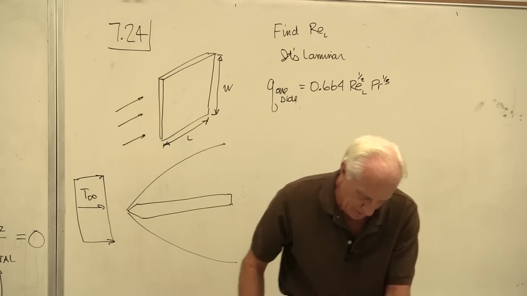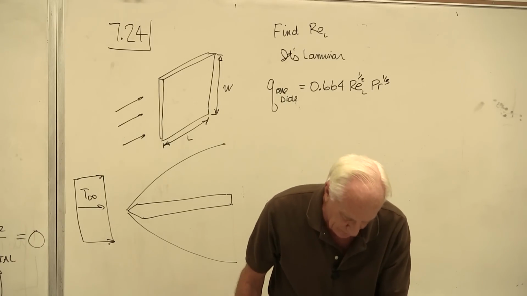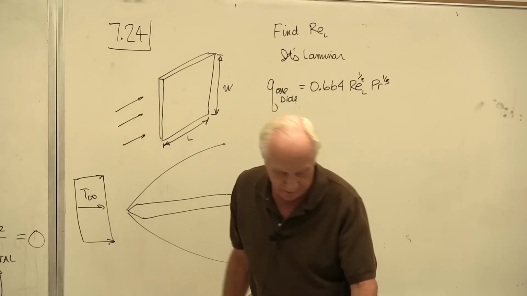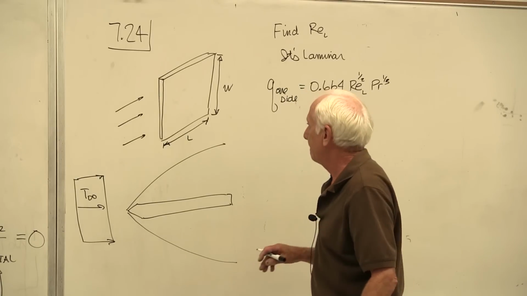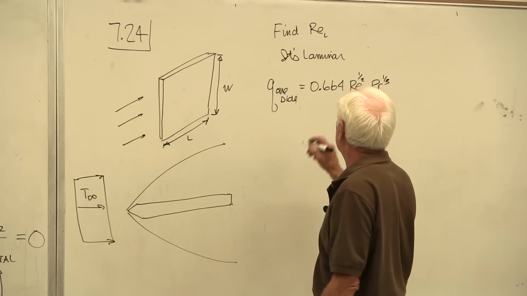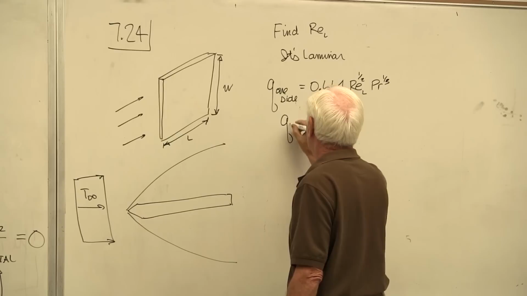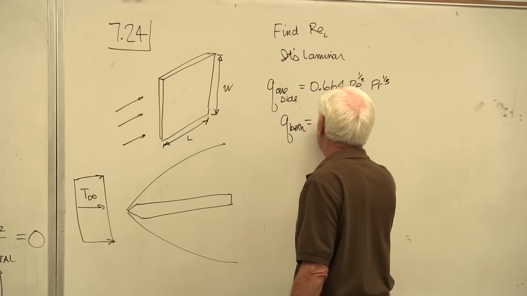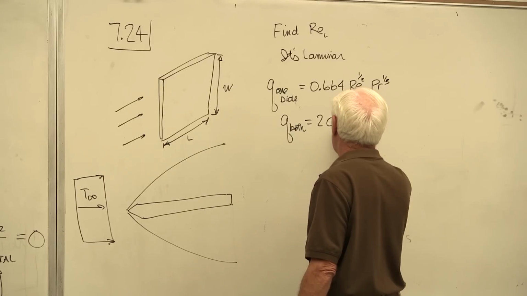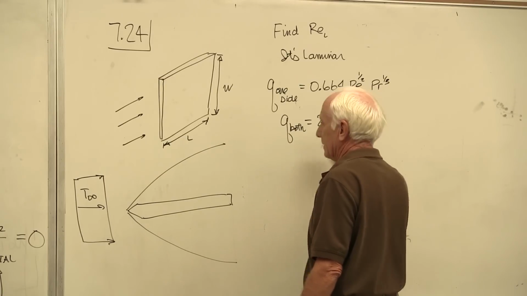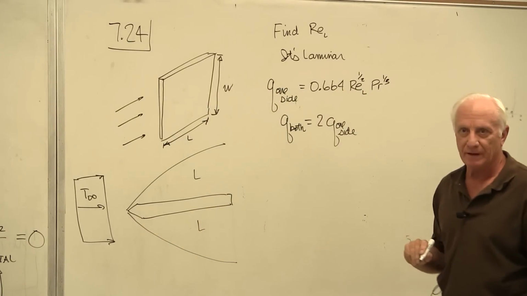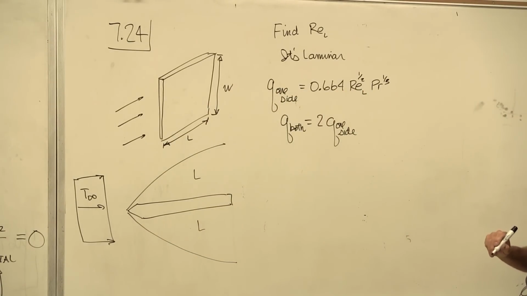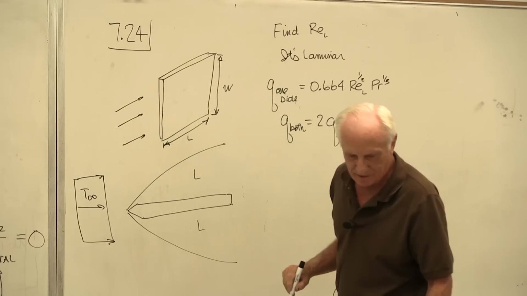What's the rate of heat transfer from the plate? If the initial plate temperature is 300, it's really hot. The air blowing over it is really cool, 20 degrees C. Q from one side, Q both sides equals 2 times Q one side. Well, so, laminar. Now, what do you say? I'm sorry, that equation is for the Nusselt number, not Q. Oh, yeah, thank you. It is.